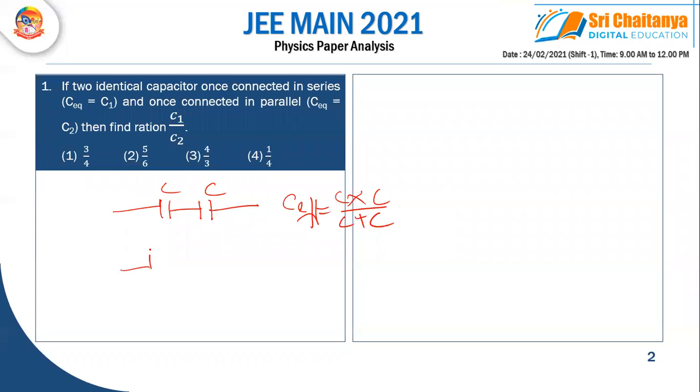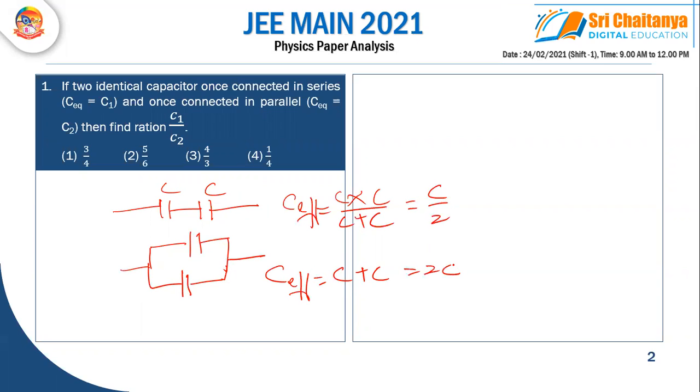And about the parallel combination, C effective will be C plus C. Here I get C by 2, and here I'm going to get 2C.